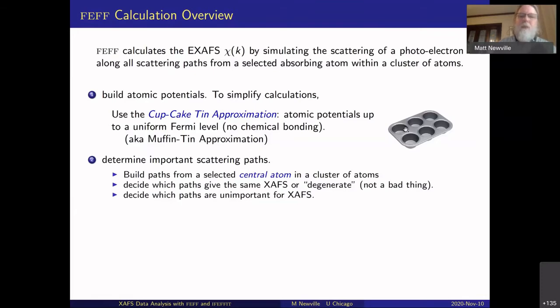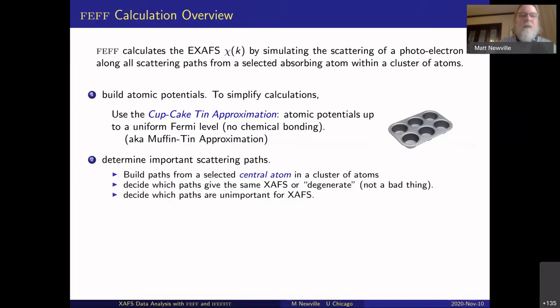That can be important in the XANES region, and it's how FEFF, or earlier versions of FEFF, differ from FDMNES of Yves Joly, which we'll hear about in upcoming lectures, where this approximation can be lifted. But for extended XAFS, this is a fine approximation. We're going to be tens of volts above the edge. Those potentials are not important.